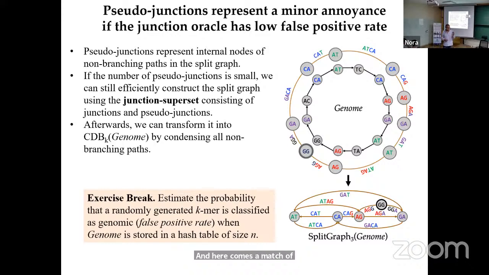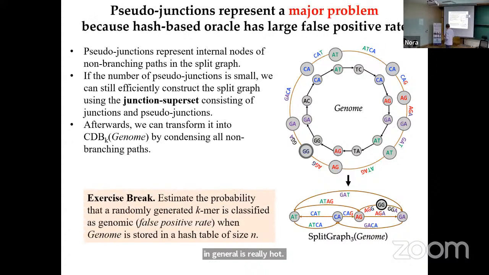It generates a very high false positive rate. So pseudo junctions represent a major problem because the false positive rate is so large that there are so many pseudo junctions that we are back to ground zero. The number of pseudo junctions is so large that we cannot construct the graph. We cannot fit the graph into memory because there are so many pseudo junctions with this approach, with a reasonable hash table.